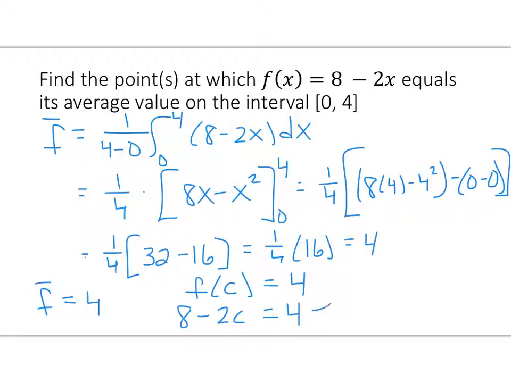I subtracted 8 from both sides, so I have negative 2c equals negative 4. And I know that c equals 2. So if I plug in 2 for c, I get the function value which is equal to my average value. So the value that this works at is when c equals 2.